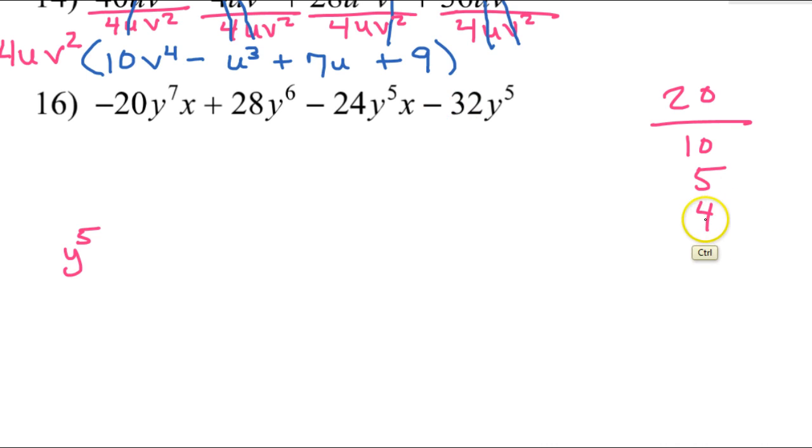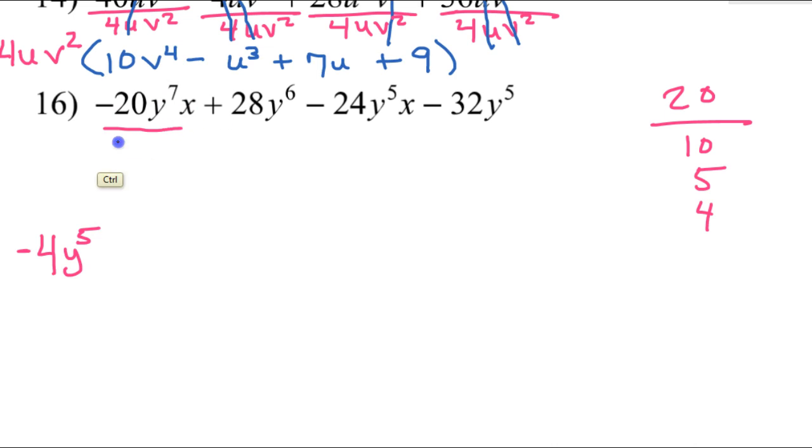All right, how about 4? 4 goes into 32, 4 goes into 24, 4 goes into 28. 4 goes into everything. So that tells me that 4 is going to be part of the greatest common factor. Because the leading coefficient here is negative, I'm going to go ahead and include the negative as part of my GCF.